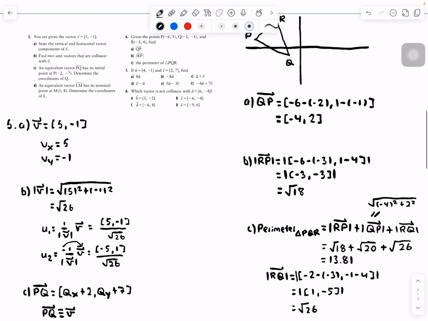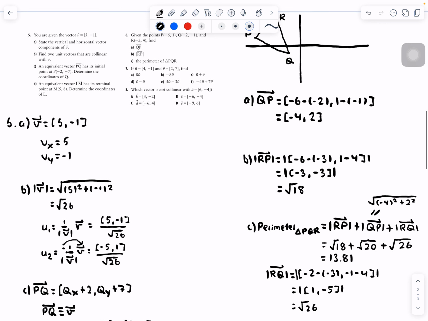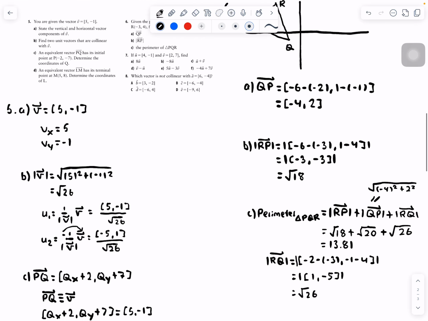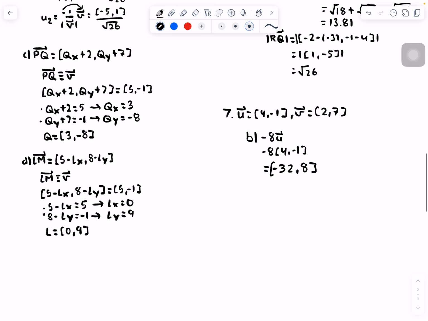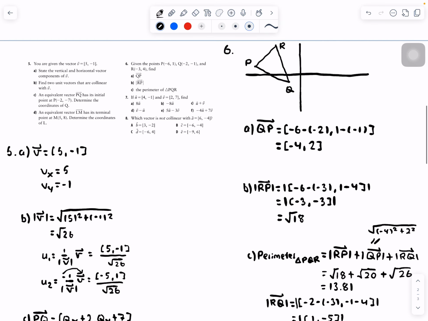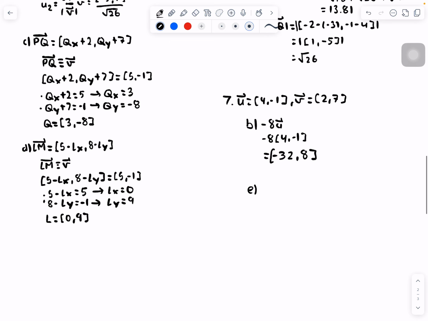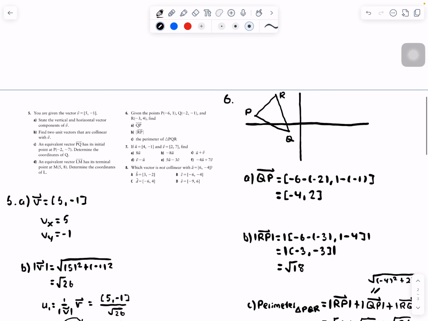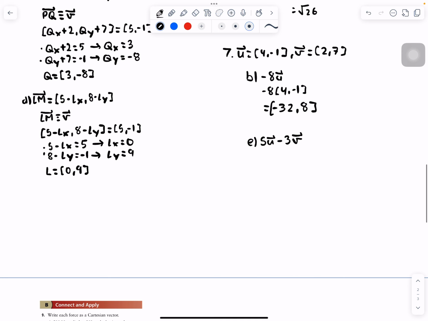Let's do E as well, and then I think I'll call it a wrap, and I'll let you guys do the rest. 5u minus 3v. Okay. So 5 times u, 4, -1, minus 3 times v, which is 2, 7.